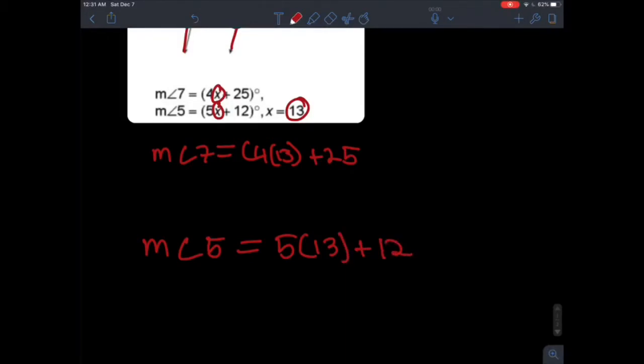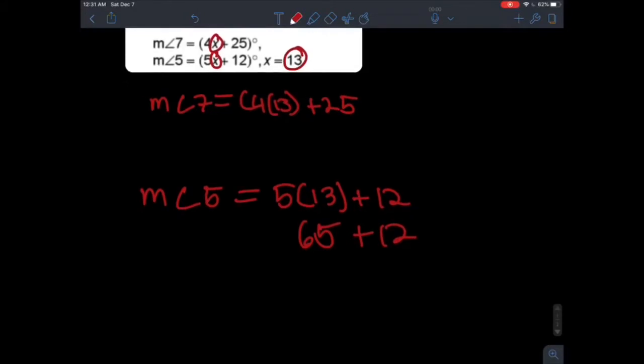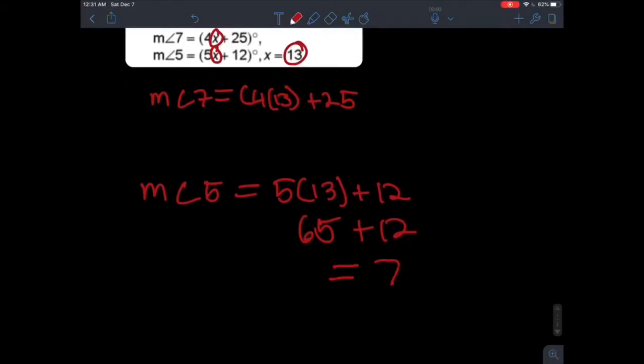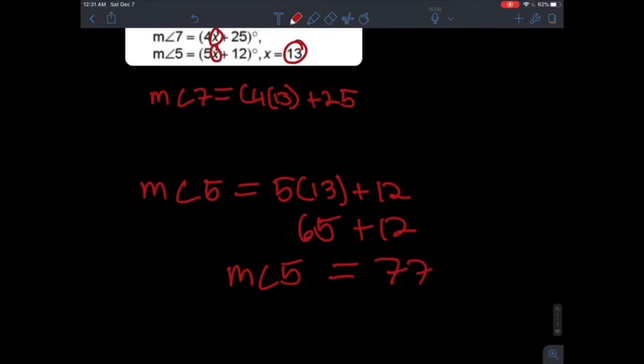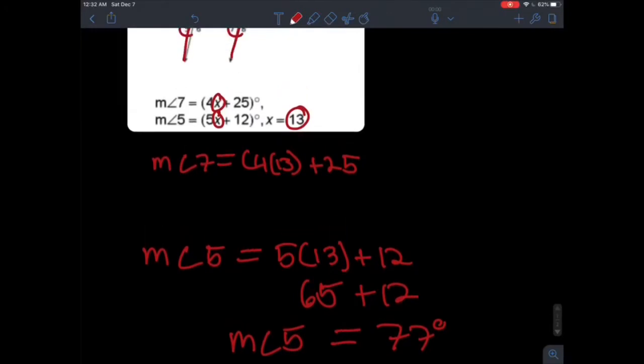Okay, so let's do this one first. 5 times 13 equals 65, plus 12 equals 77. So the measure is 77, sorry, 77 degrees. And then we do 4 times 13, which is 52, plus 25 equals 77.